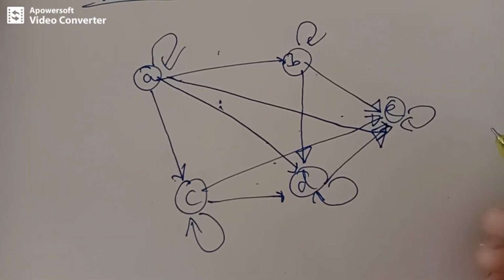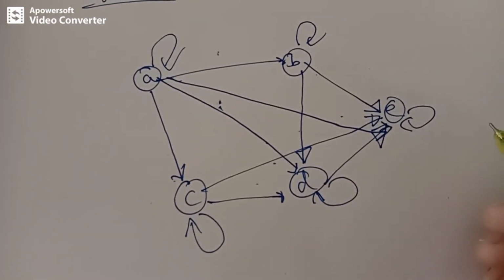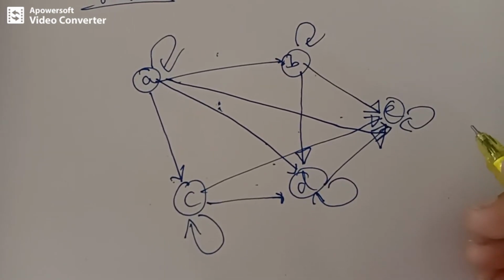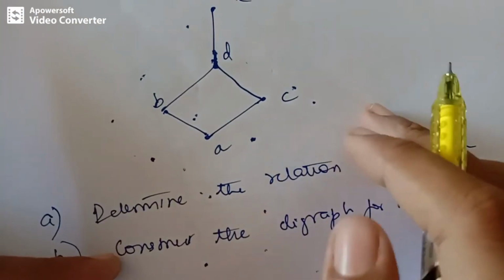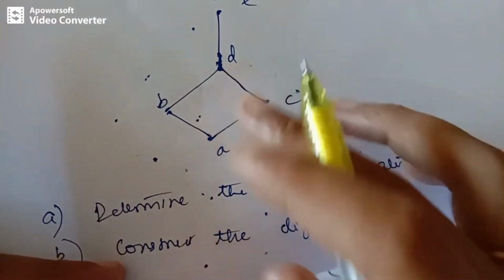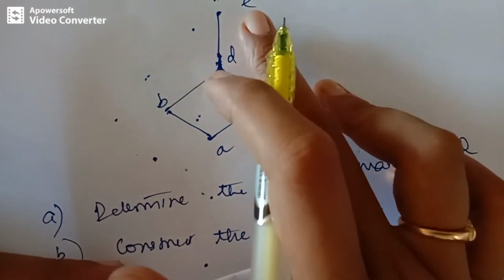So there is a huge difference between a Hasse diagram and a digraph. In a Hasse diagram, if you compare it with this digraph, you observe that there are no self loops and the edges are not labeled. It is assumed that the relation goes upwards.